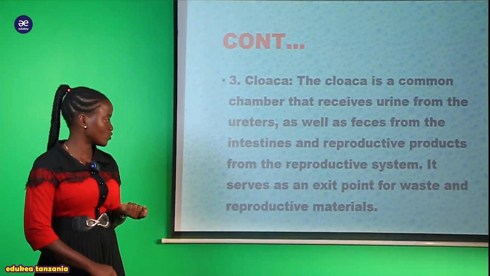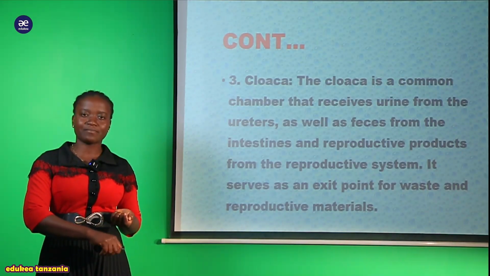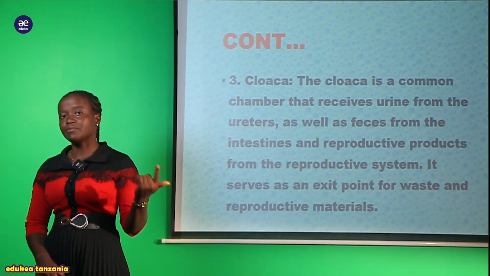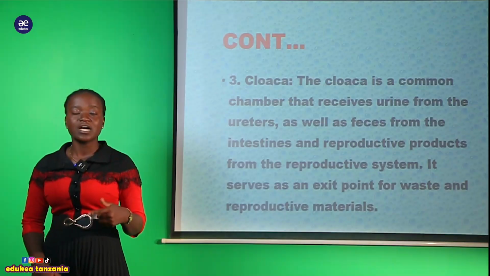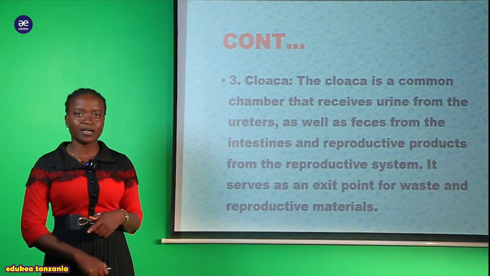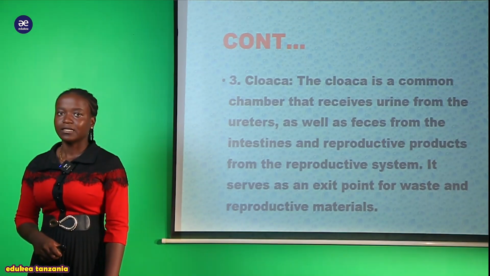So usiseme tu reproductive materials. Hapo utasema reproductive material, then utaweka in bracket an egg kama umeambiwa kwa female frog. Lakini kama umeambiwa kwa male frog, hapa hivi utaweka the sperm kwa male frog.